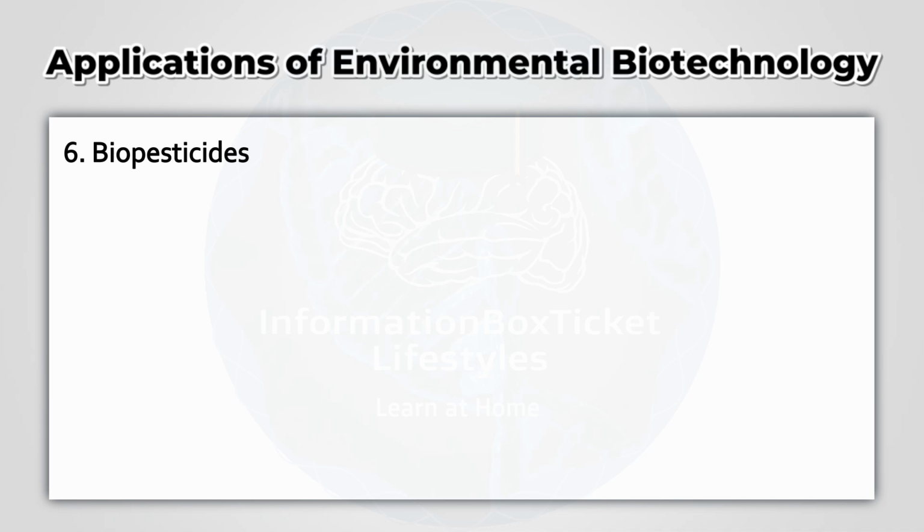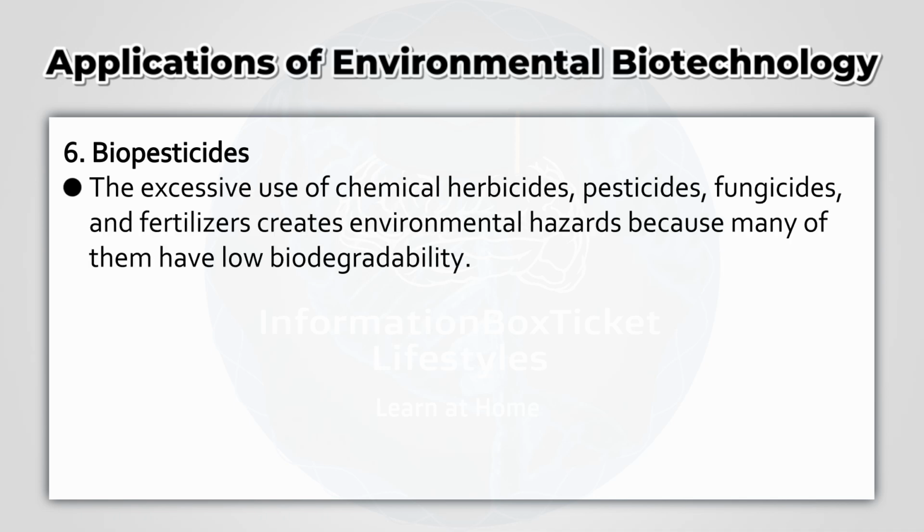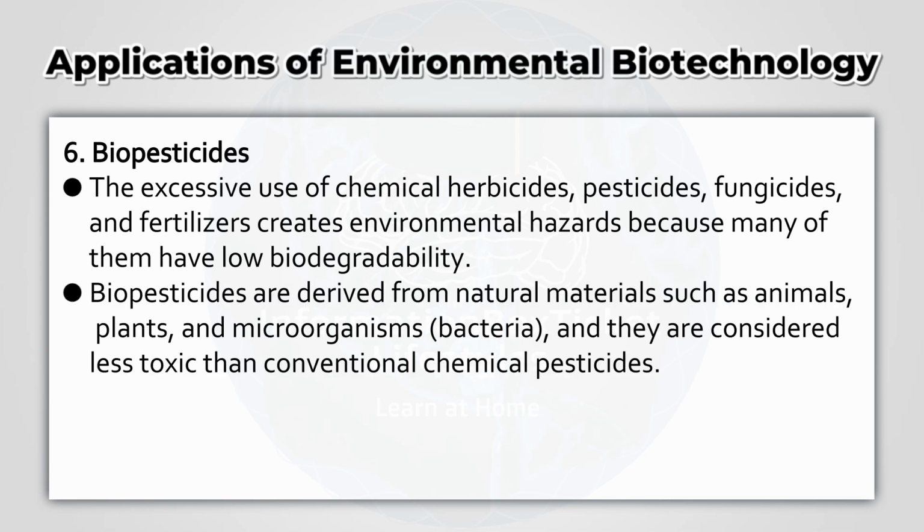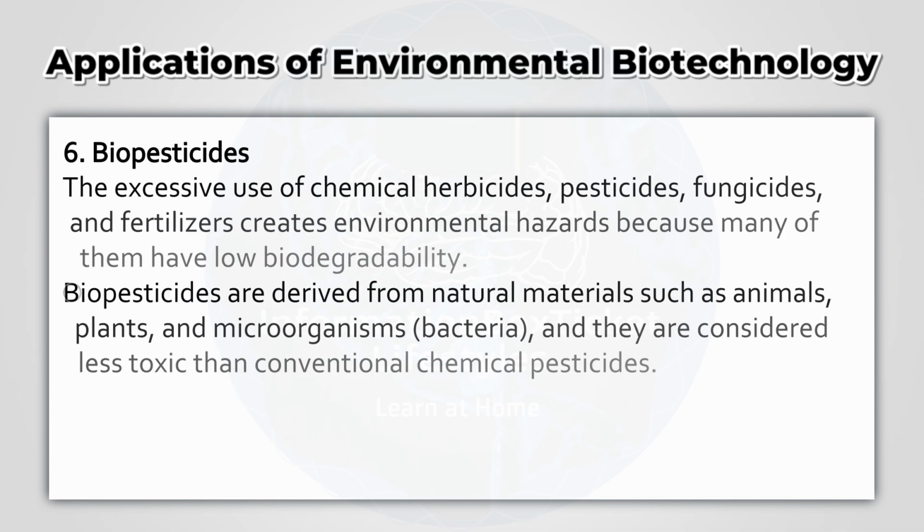6. Biopesticides. The excessive use of chemical herbicides, pesticides, fungicides, and fertilizers creates environmental hazards because many of them have low biodegradability. Biopesticides are derived from natural materials such as animals, plants, and microorganisms, bacteria, and they are considered less toxic than conventional chemical pesticides.